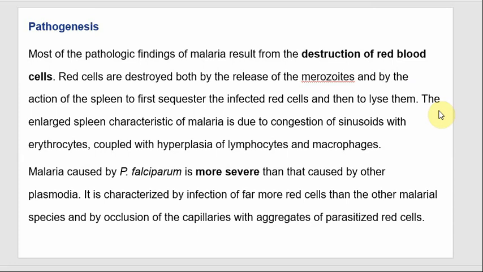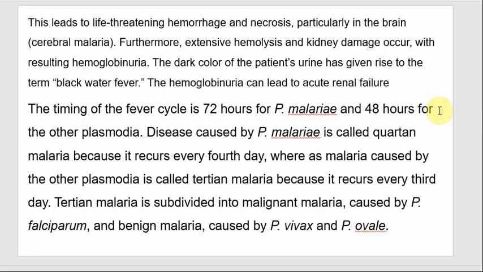It is characterized by infection of far more RBC than the other malaria species and by occlusion of the capillaries with aggregates of the parasitized RBC. This leads to life-threatening hemorrhage and necrosis, particularly in the brain, cerebral malaria.